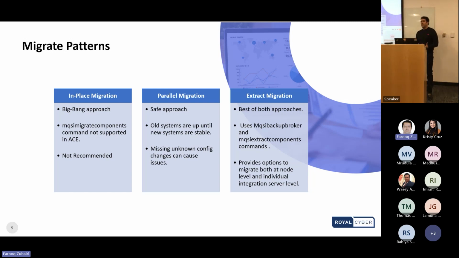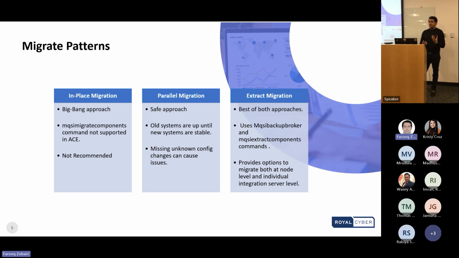Extract migration is a mix of these two types. In extract, we copy the runtime along with source code and configuration, and we just dump that into the target system and start it.